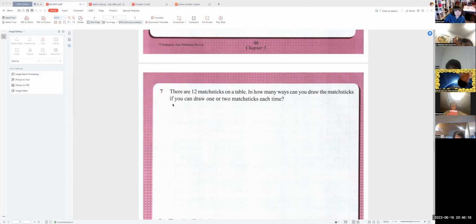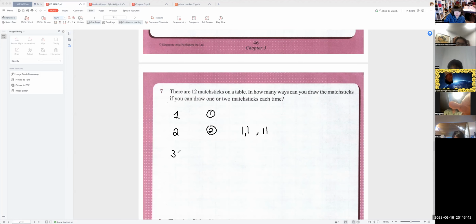Okay, so let's take a look at this one. If you want to draw one matchstick, obviously there's only one way, right? And if you want to draw 2 matchsticks, there are 2 ways, because you can draw one at a time and another one at a time, or you draw 2 together, correct?